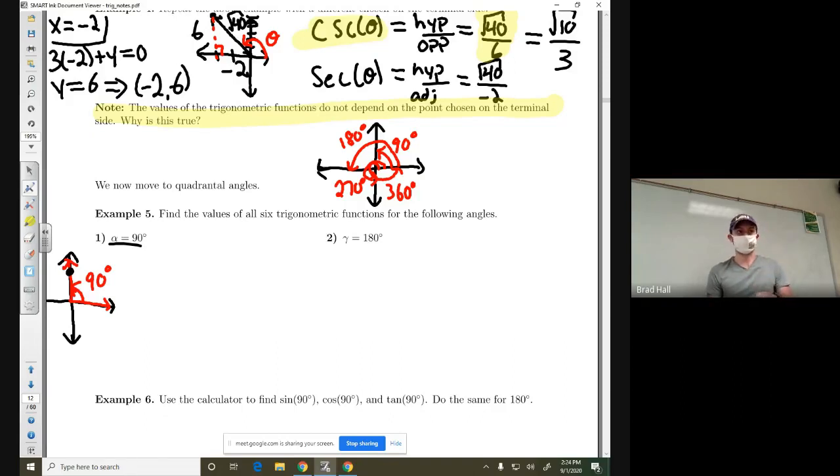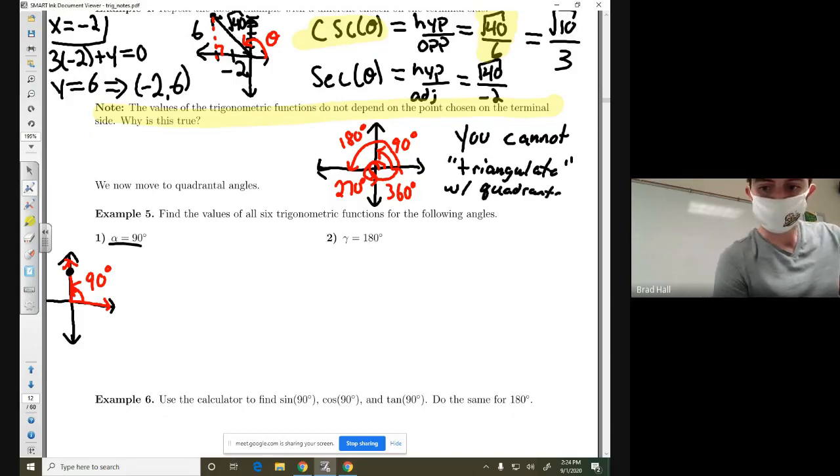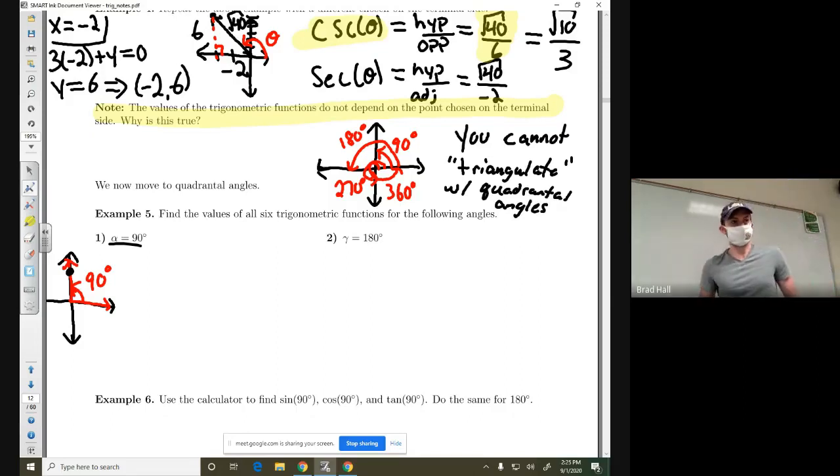Can't do that with quadrantal angles. That's why they're different. You cannot triangulate with quadrantal angles. That's a reason why we differentiate them from regular angles.